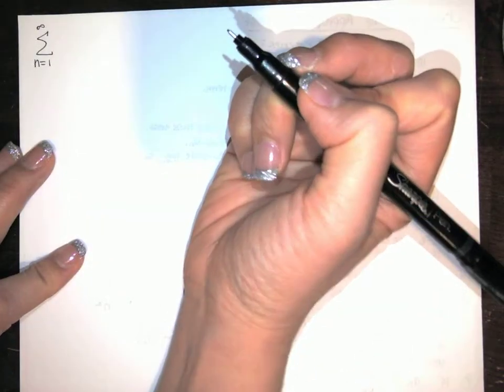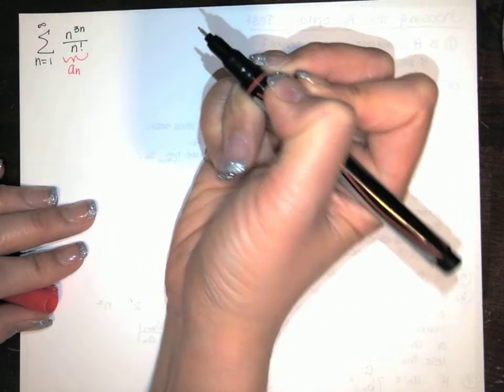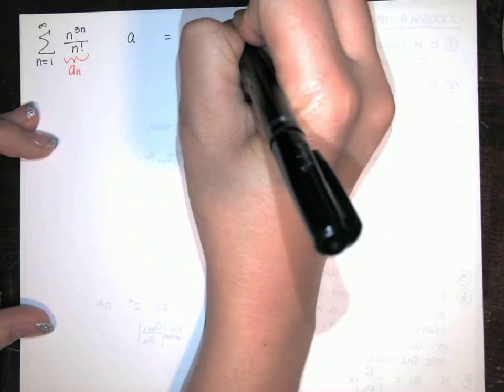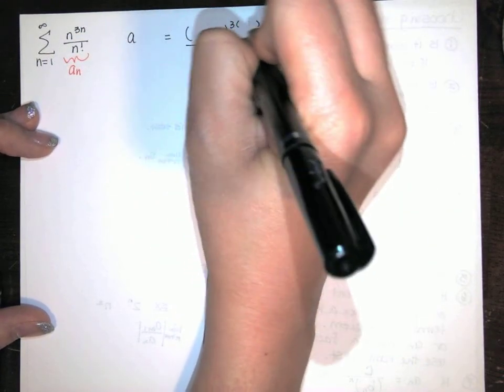The sum as n goes from 1 to infinity of n to the 3n over n factorial. That's our a sub n. And remember, a sub n plus 1 just comes from replacing all of the n's with n plus 1.